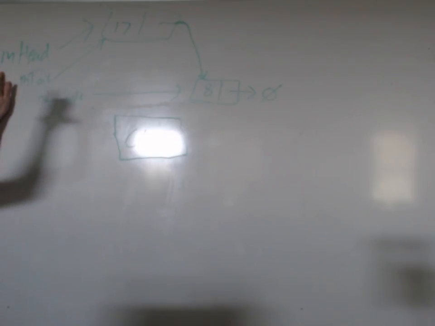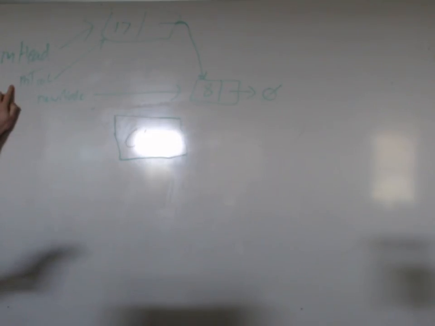All right, are we done? What are we forgetting to do? Is mHead pointing to where it should be at this point? Yes, it is. That's the first element, right? It's pointing to the first element. Is mTail pointing to the last element? No, it's not at all.